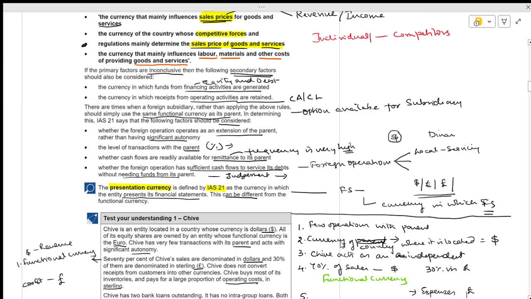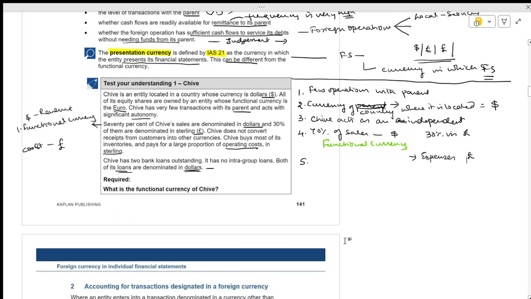The secondary factors are financing and operating activities retained. CAI buys most of its inventories and pays in proportion of operating cost. CAI does not convert the receipts from customers into other currency.